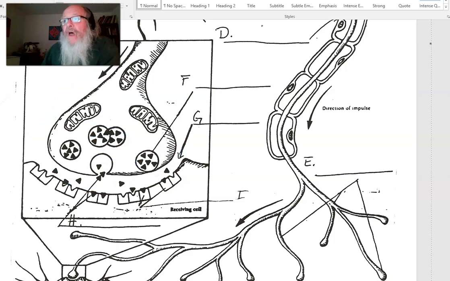And then some, but not all, of these individual neurotransmitter chemical molecules float across the synapse and bind into what is labeled on this illustration as H, receptor sites. One of the things that I invite you to notice is that in this illustration, we're drawing the neurotransmitter chemicals as black triangles.